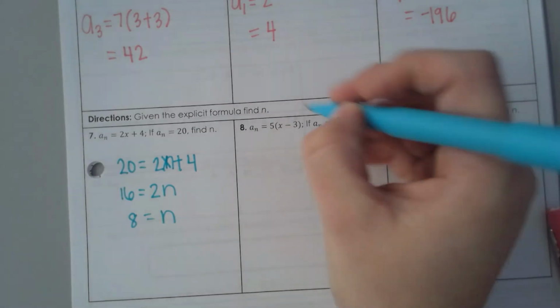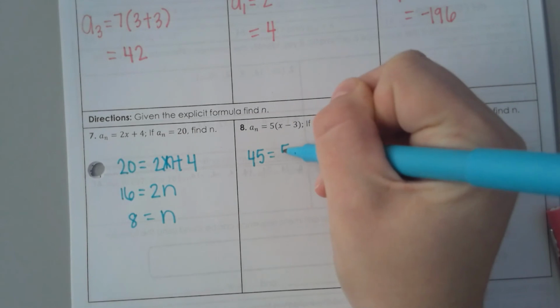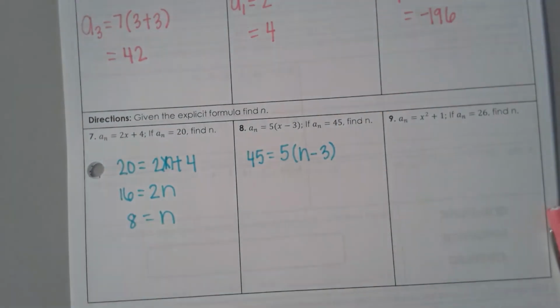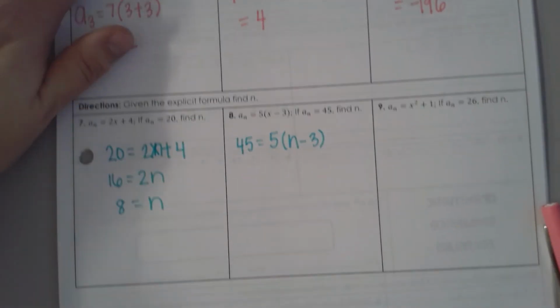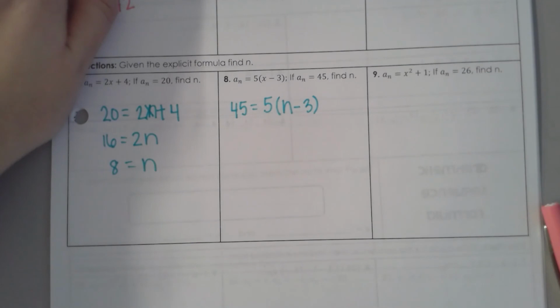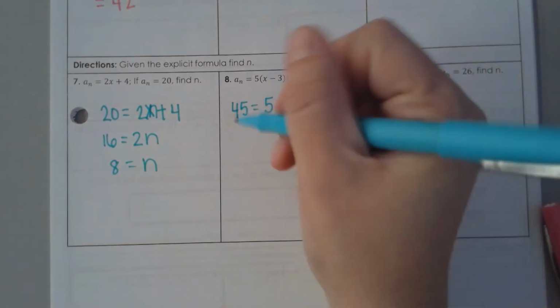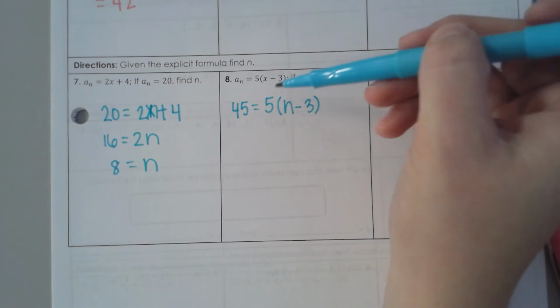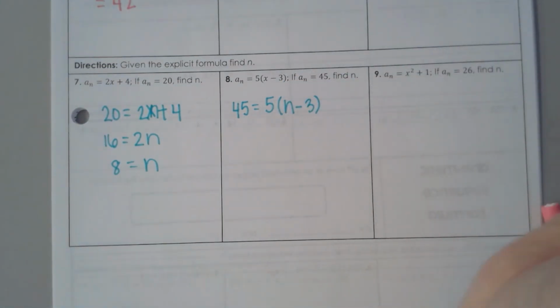So then this one would be 45 equals 5 n minus 3. You can solve this one 2 different ways. You could distribute the 5 to begin with, or you could just go ahead and divide both sides by 5.